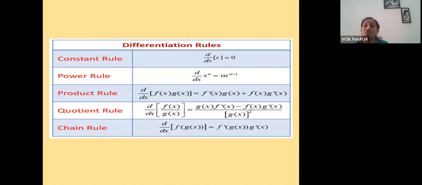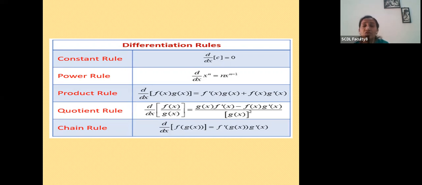Here we have to find the derivative of each, meaning g x times df by dx minus f x times dg by dx. The meaning is that you have to find the derivative for the respective variable.